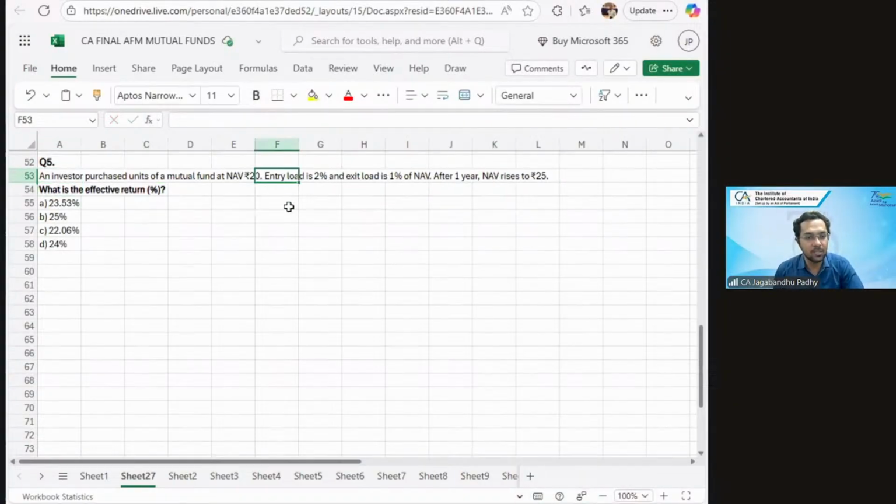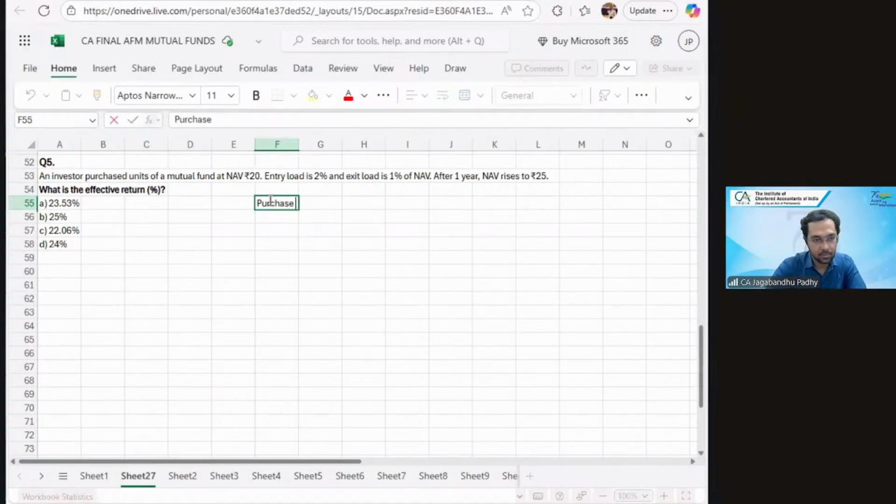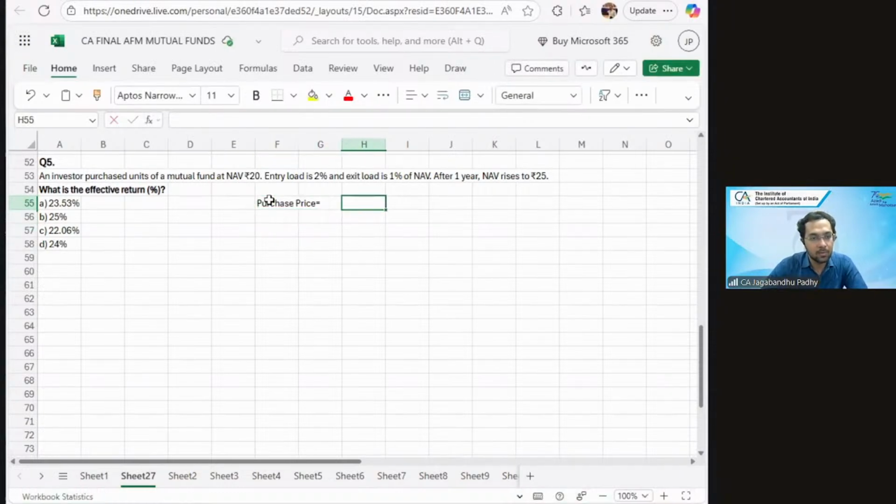So if your entry load is, let's say, 2%, what is the amount of purchase price? 19.6. How are you going to subtract? Entry load is something that you're going to pay in addition, right? 20.4, sir.